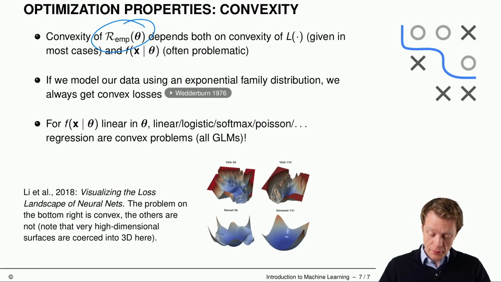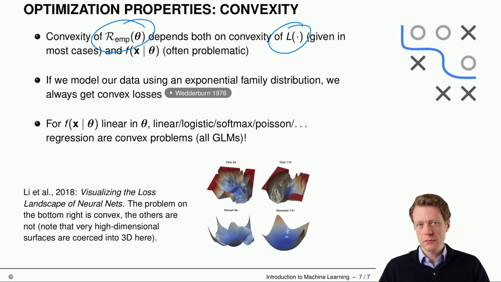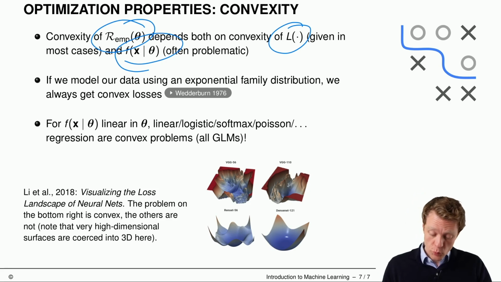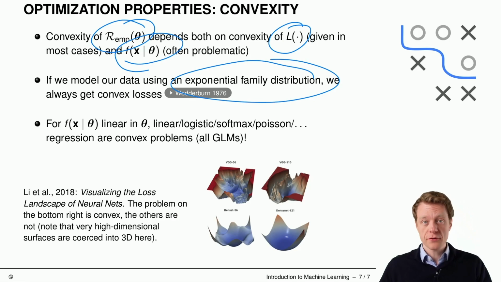The convexity of the empirical risk depends on the convexity of the loss function, which usually is given in most cases, but go some slides back and find out the loss function that is not convex, and on the convexity of the model, which is less often given. So if it's not given, it's a problem for convexity. But if we use an exponential family distribution, we always get convex losses.